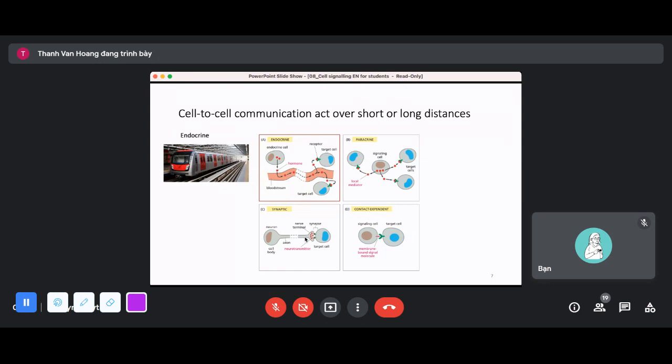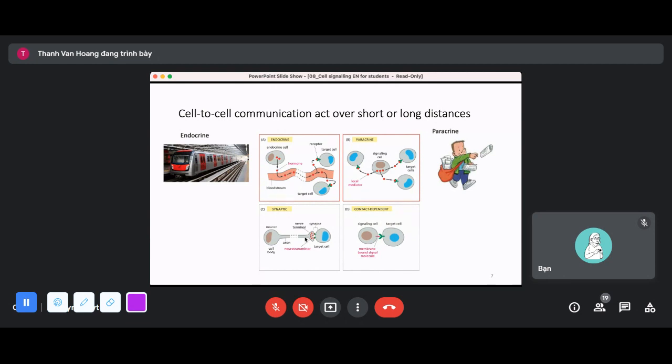So now we come to the next type of cell communication, paracrine or autocrine. Paracrine or autocrine is something like what we saw in the video I showed you at the beginning.